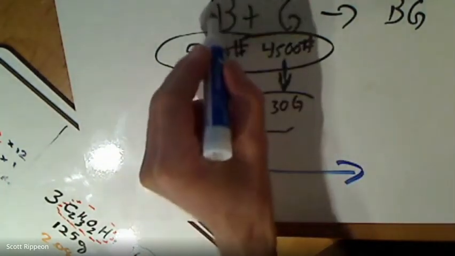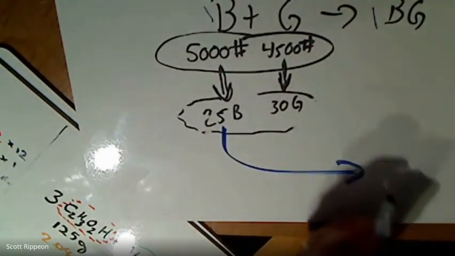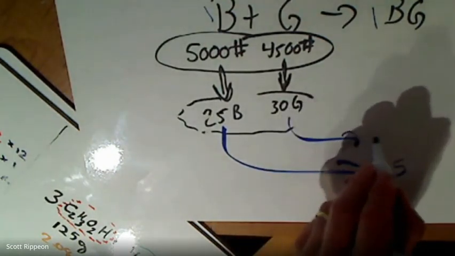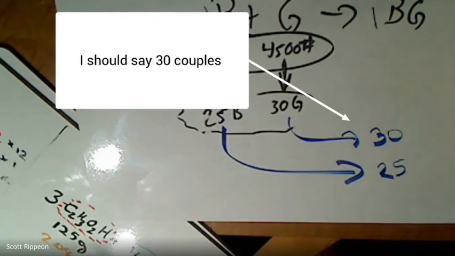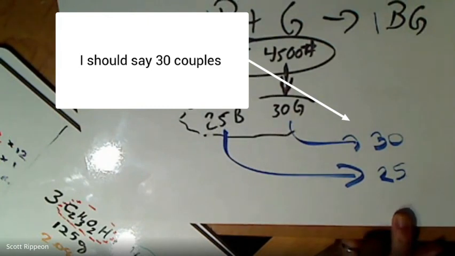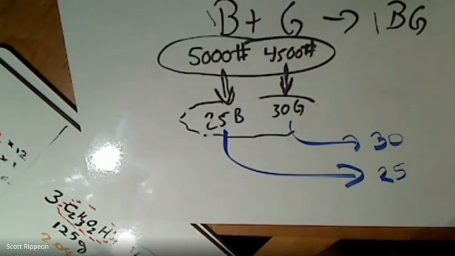For every 1 boy, it's 1 couple, so we know it's 25. For every girl, we can make a couple, so it's 30 girls. The one that comes up the least is the amount we can actually make, because we run out of that thing. That's the limiting thing. It limits how much we can make.